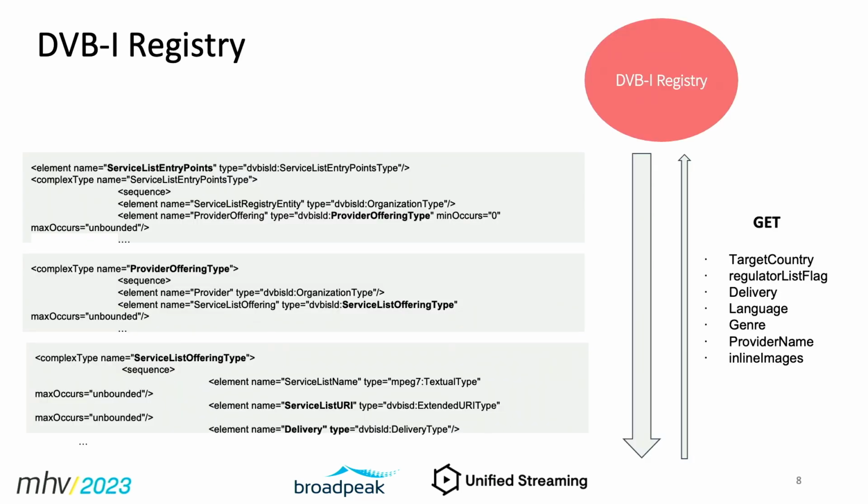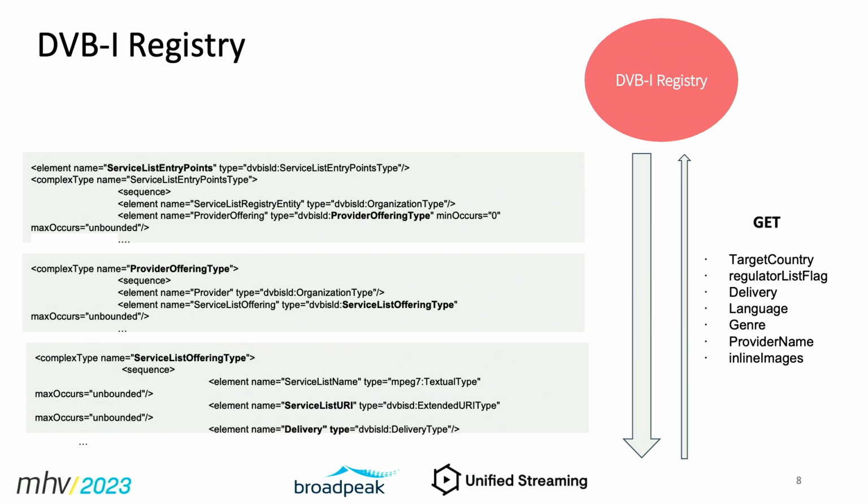So DVB-I. So what is DVB-I? It's an XML format that permits to implement 2 kinds of servers. The first one is called a registry, a DVB-I registry. It's a way to request a service list. A service is a channel, right? A TV channel, for example. So the DVB-I registry can be queried to return a URL for accessing a service list.